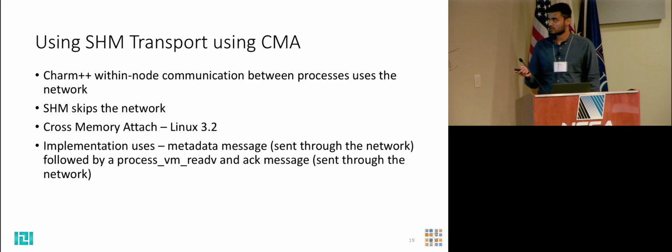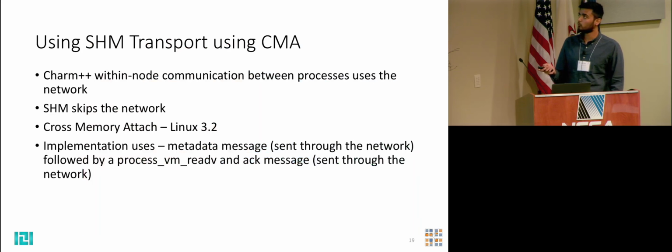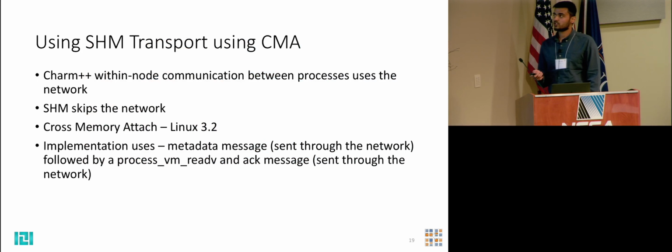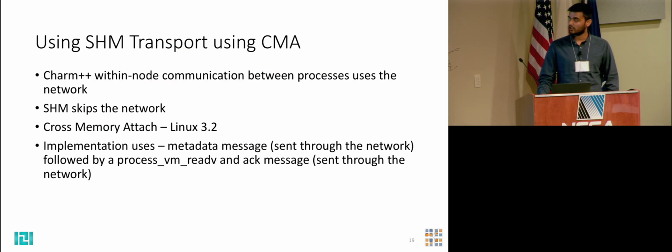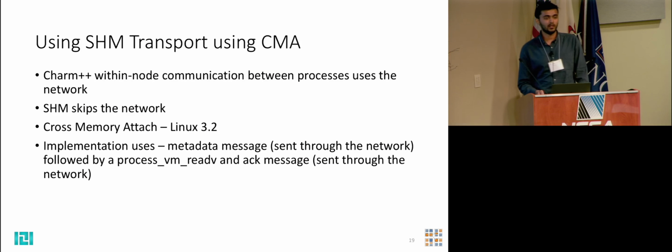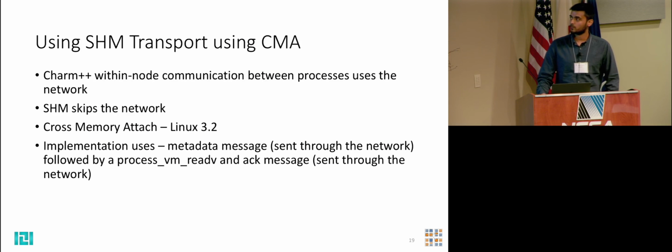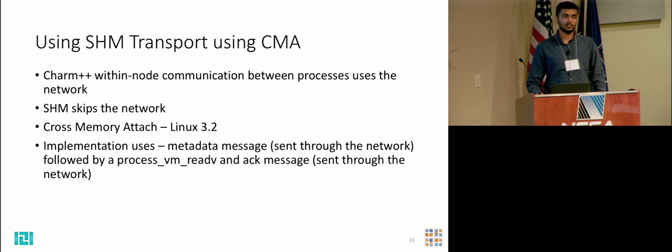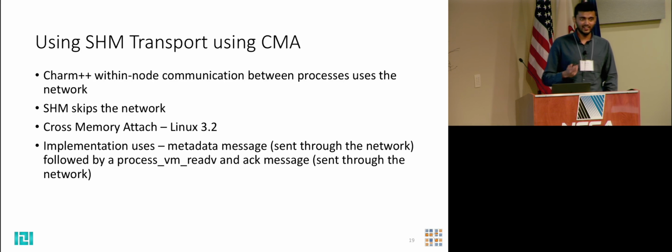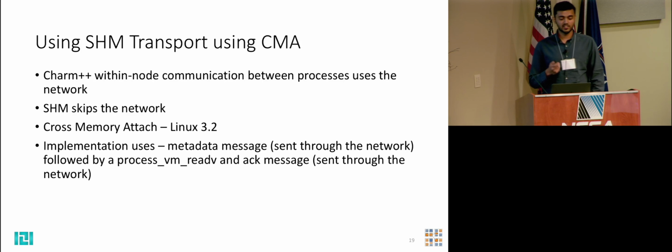Since we are running a little short on time, I'll move on to the next feature, which is another communication optimization using cross memory attach, or CMA, which Professor Panda was talking about this morning. Regular CHARM++ messaging within a physical host between two processes uses the network, and this has been happening ever since CHARM++ was developed.